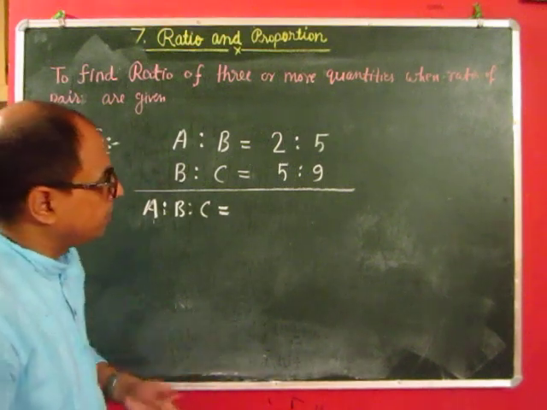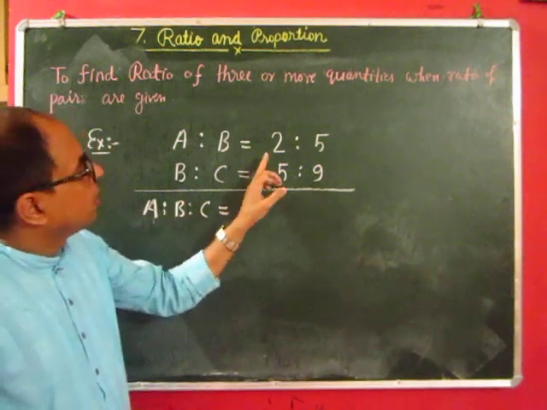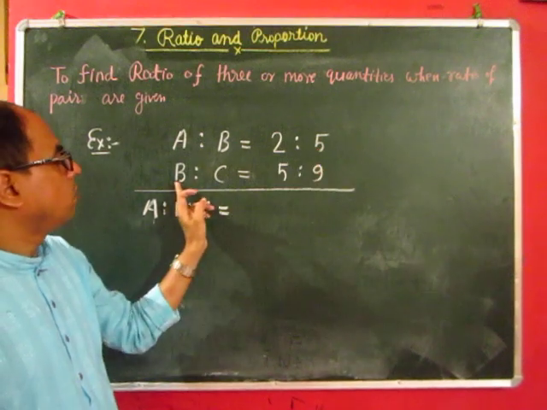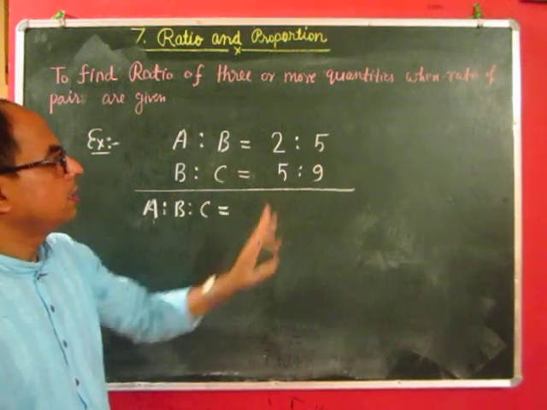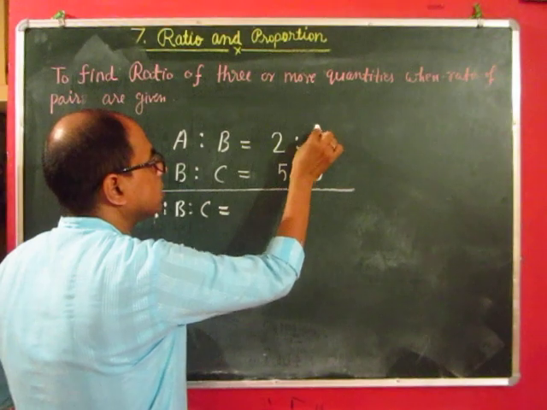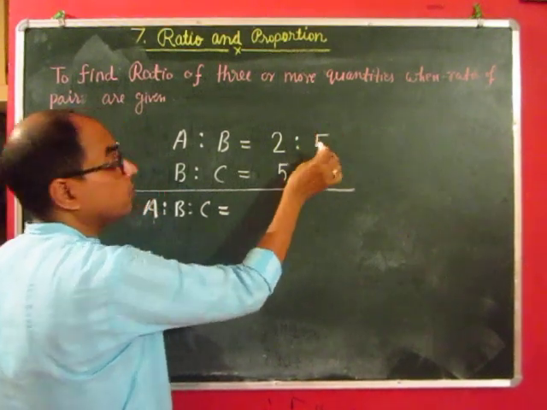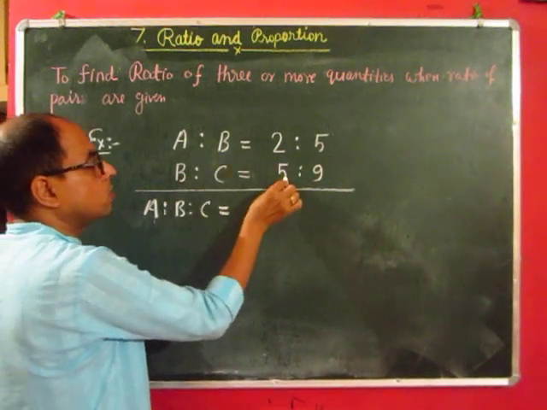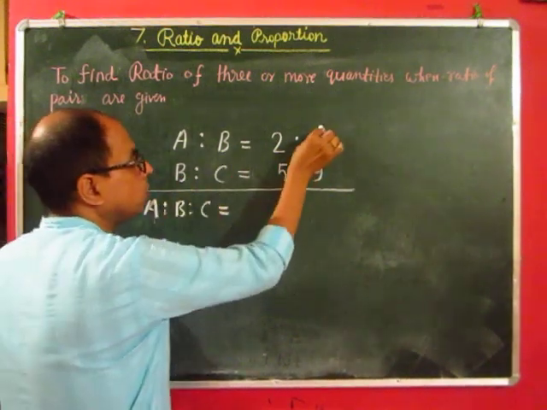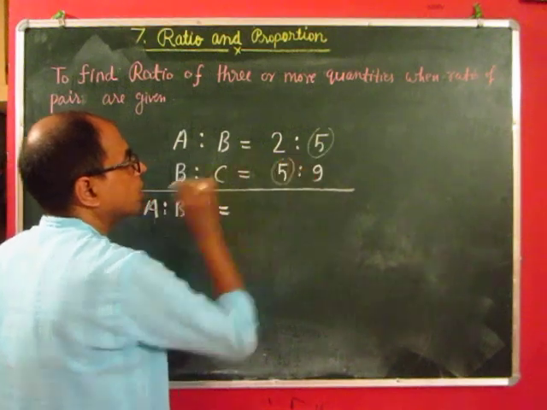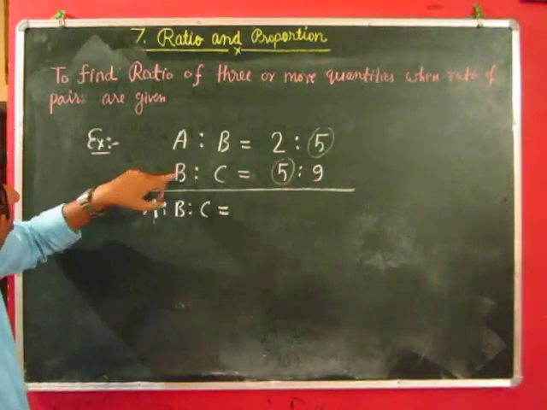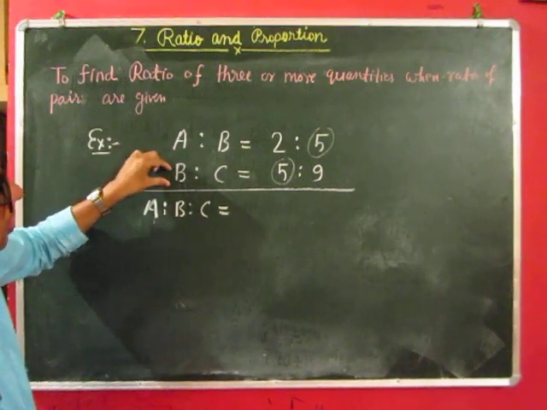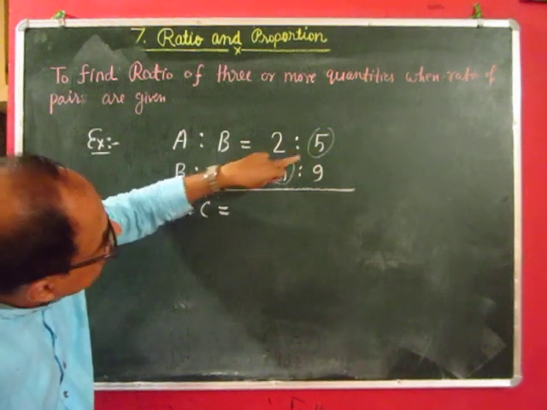So how can we find it? Here it is simple. If the value of A is 2k, the value of B will be 5k. If the value of B is 5k, the value of C will be 9k. So these two are the ratio corresponding to B. Here B is the common term in both the ratios, and the value of B is the same.